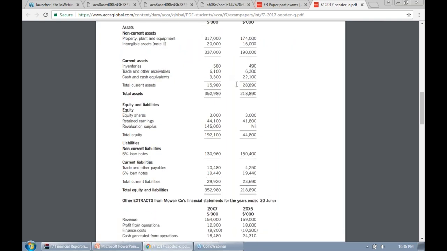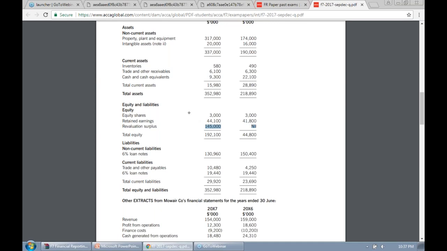Inventory, receivables and cash have substantially reduced, but still the company has got cash. Equity shares are unchanged, meaning the company has not yet issued any further shares. Retained earnings have grown, but the company has actually done a revaluation.